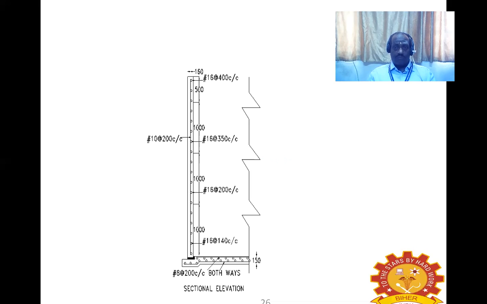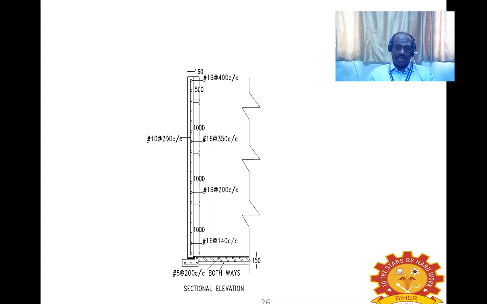That means we are curtailing the area of the steel by increasing the spacing, right? And the vertical bars, simply it is 10 mm at 200 mm center to center, which is going to hold the positioning of the hoop bars.